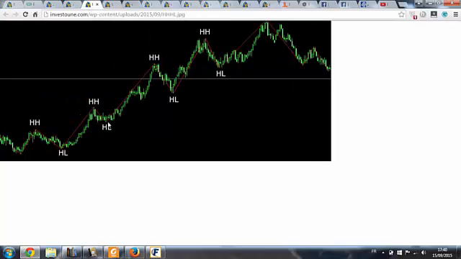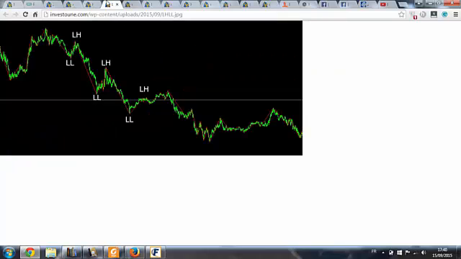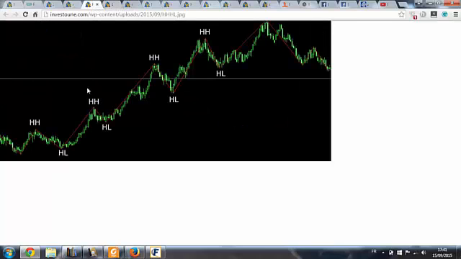Okay, so the first thing about price action trading is to define the higher highs and higher lows in an uptrend, and to define the lower highs and lower lows, the swing highs and lows, in a downtrend. So here the rules are very simple.